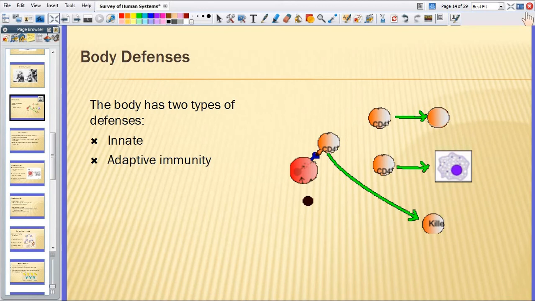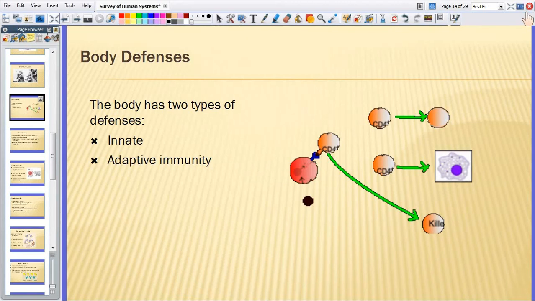Adaptive immunity occurs when the body actually recognizes the pathogen for what it is. For example, this is a cold virus. It's able to do this because back in the past, the organism's ancestors were exposed to this same pathogen.